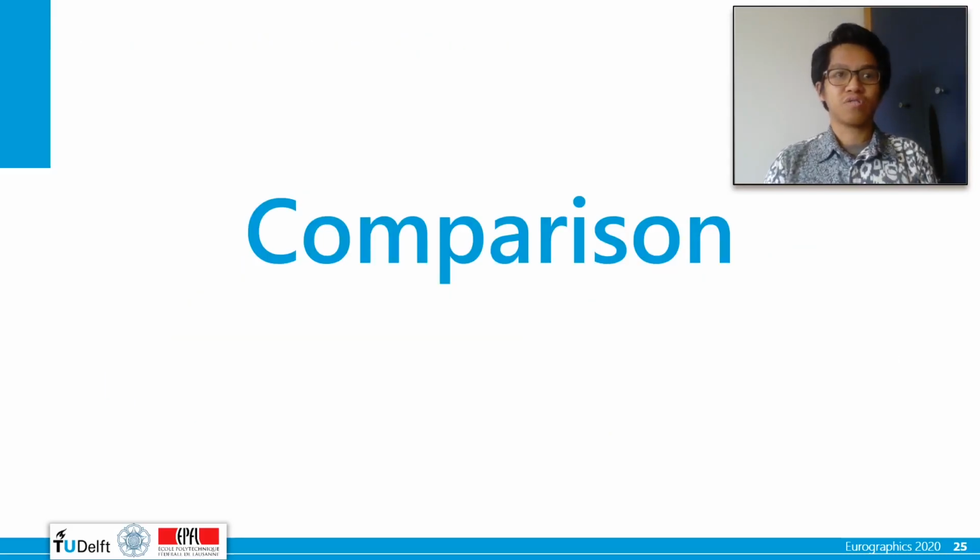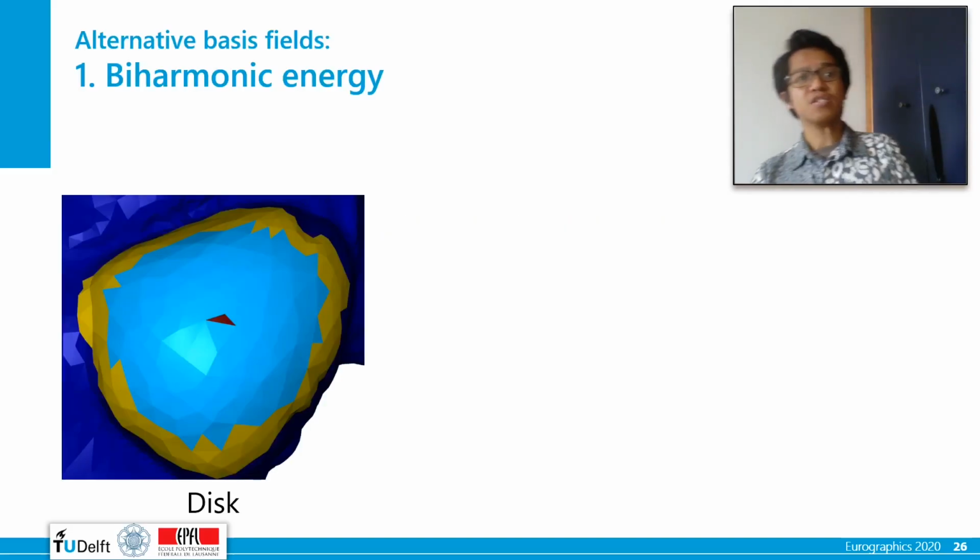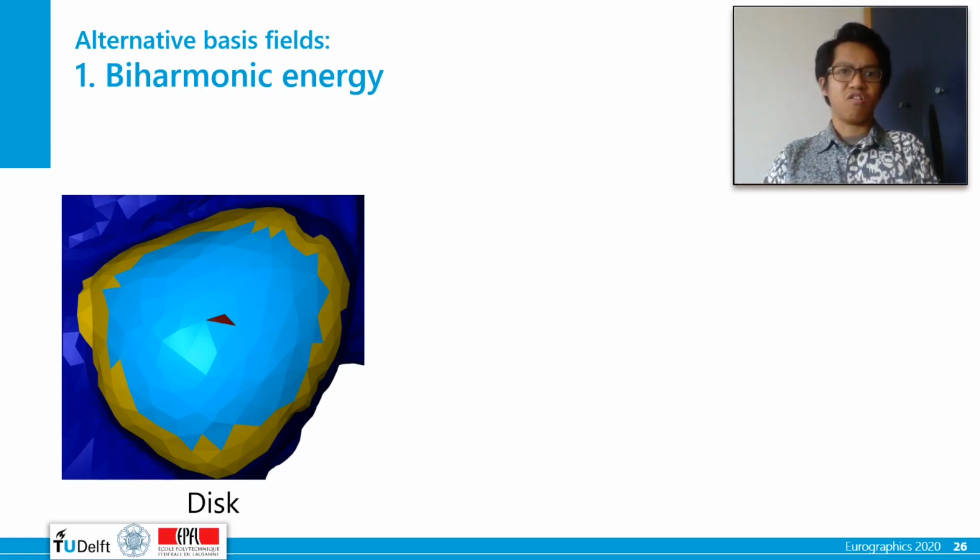And to justify our constructions, we compare our approach to other possible constructions and also to existing techniques. First, let us compare two alternatives of possible constructions. Instead of taking the two smallest eigenfields constrained to the local regions, which is what we do here, there are also some other possible choices for local field spaces. The first one is to get the smoothest field as a result of minimizing the biharmonic energy on the region.